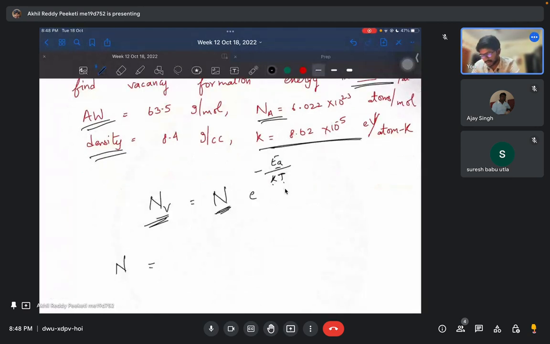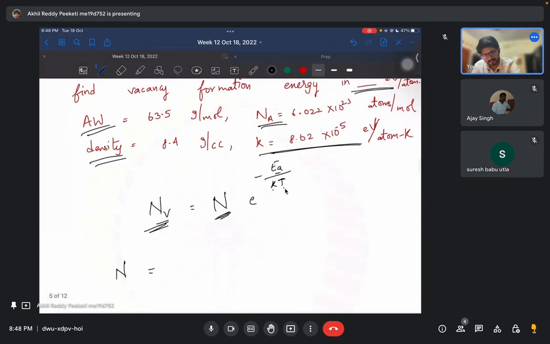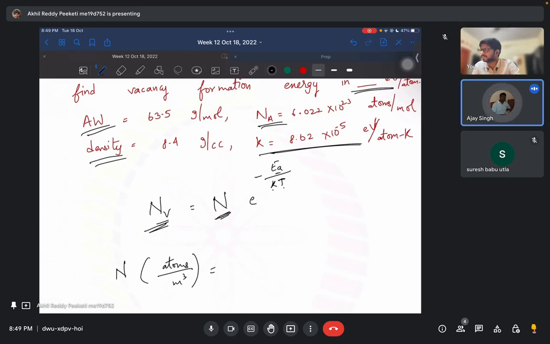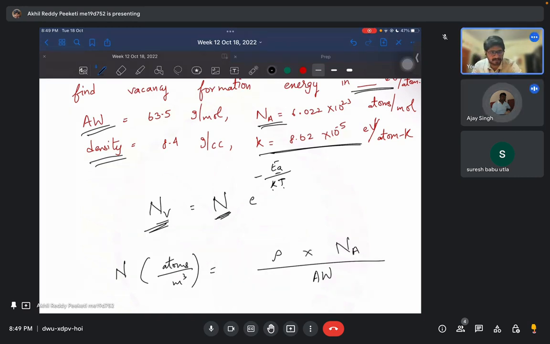Can any of you tell me how we can estimate the number of atoms? We know the density, we know the atomic weight. Number of atoms per meter cube. Yes, into Avogadro's number, right? Because we want the number of atoms.